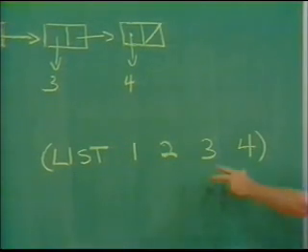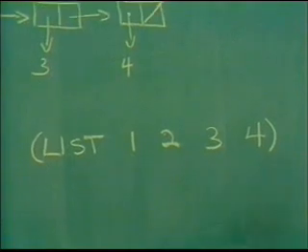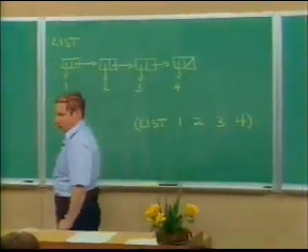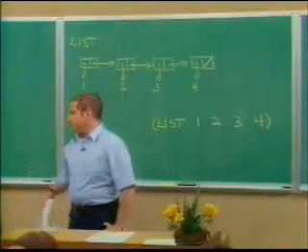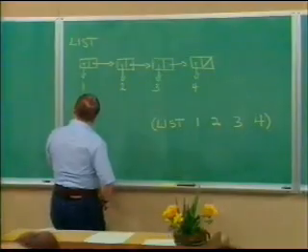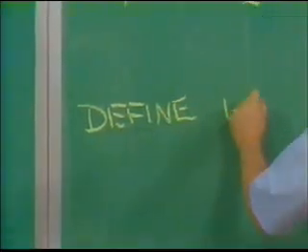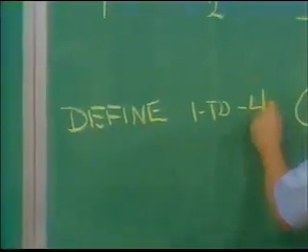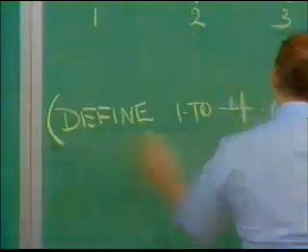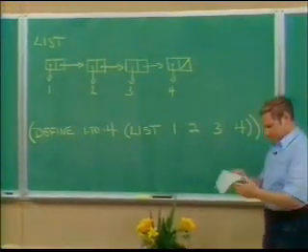And this is another way, a piece of syntactic sugar, a more convenient way for writing that chain of conses. Cons of cons of cons of cons onto nil. So for example, I could build this thing and say, I'll define one to 4 to be the list of 1, 2, 3, and 4.